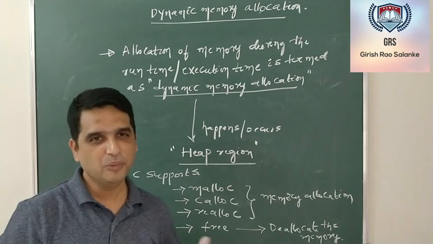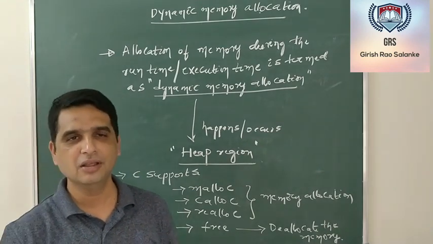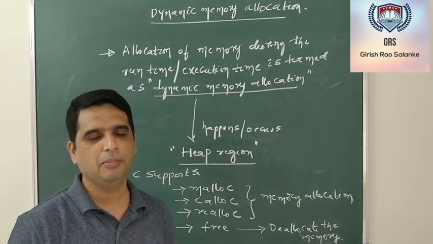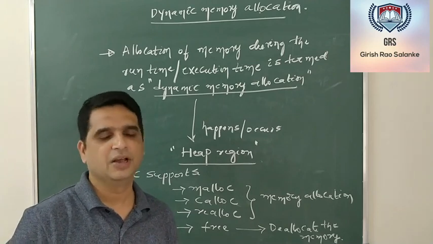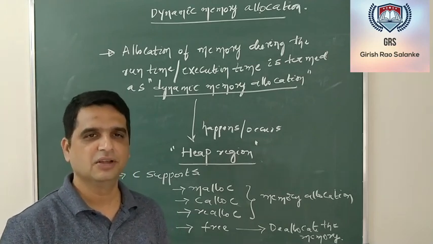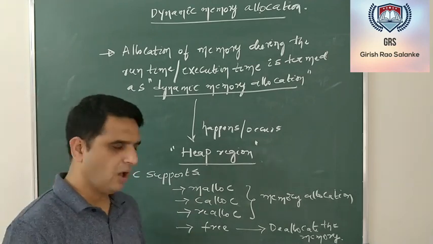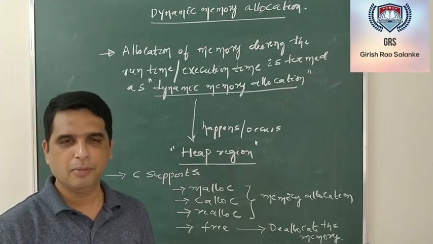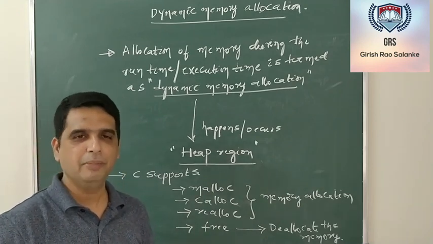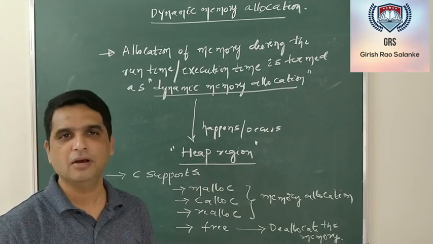In order to do dynamic memory allocation in C, we have three functions, namely malloc, calloc and realloc. The memory that was allocated dynamically can be deallocated using a function named free.